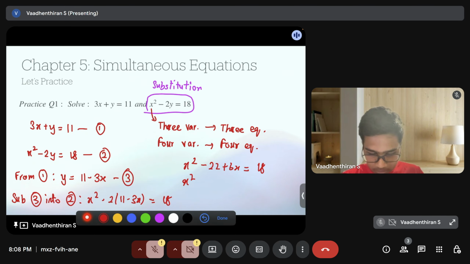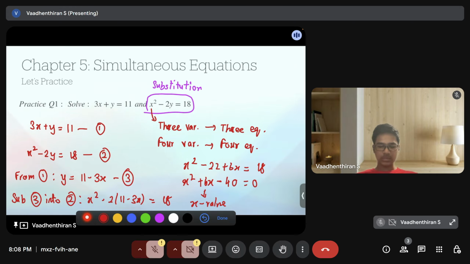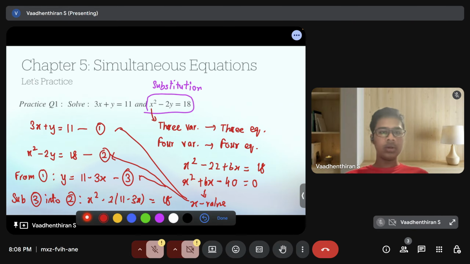So you get x squared plus 6x minus 40 equals 0. Now you can solve this to find the x value, and then substitute this x value into any of the equations, either 1, 2, or 3, to find the y value. Got it?